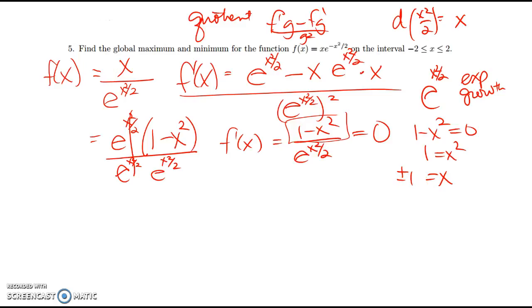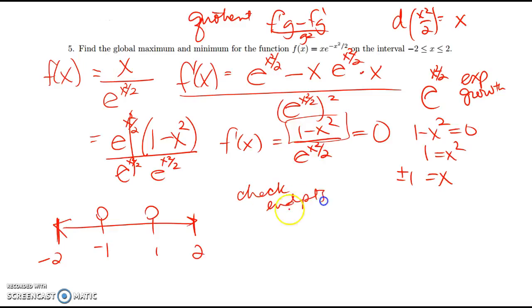So if I want to figure out whether these are maxes or mins on this interval, we're going to go from -2 to 2, and I also have -1 and 1. These are where my derivative is 0. So I have to check the endpoints of the interval. That's important. So I'm going to check the endpoints of the interval using the original function.